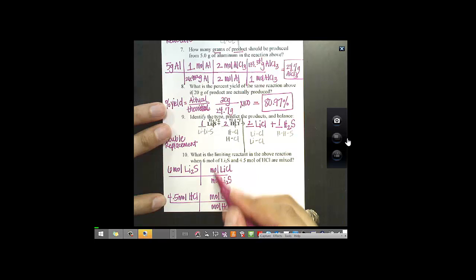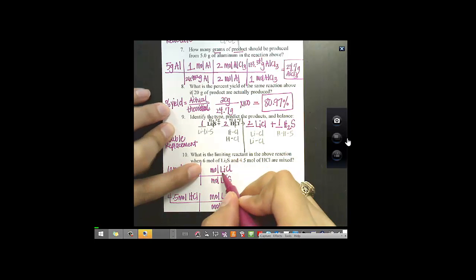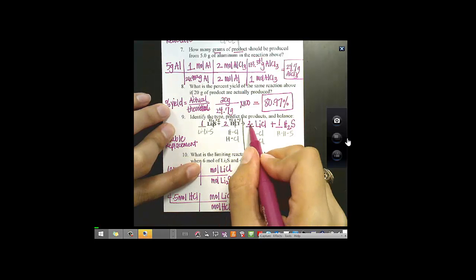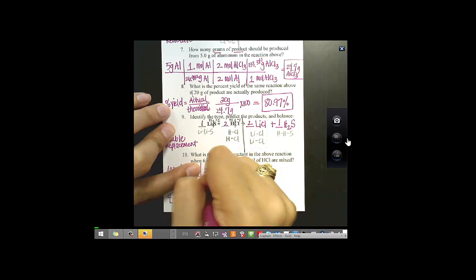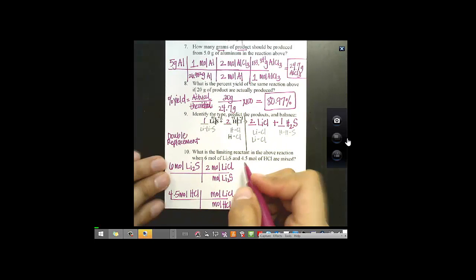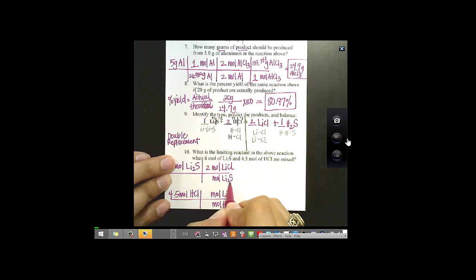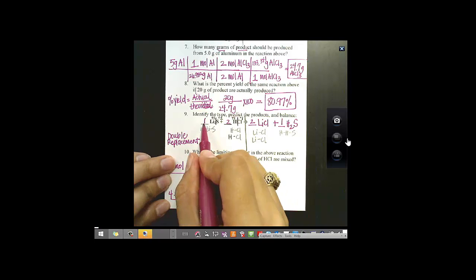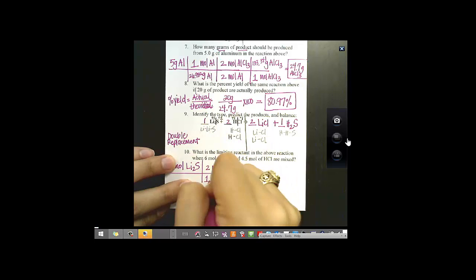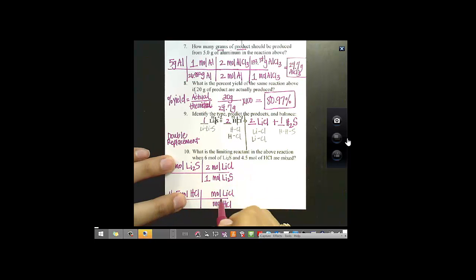Anytime I'm converting moles to moles, these numbers are going to come from my coefficients in my reaction equation. So if I look at the coefficient for lithium chloride, that's going to be a 2, so this 2 goes right here. The coefficient for lithium sulfide is a 1, so that 1 goes on the bottom. The coefficient for lithium chloride was 2, so we use that 2 again.